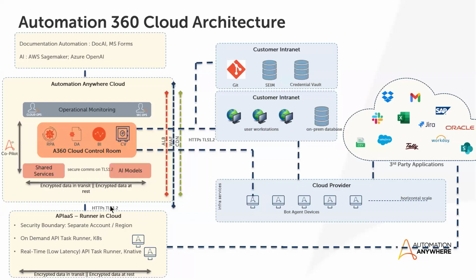Now, API tasks communicate with the control room to get the information about what are the actions defined in an API task, right? And then whenever you execute an API task, there's multiple ways to execute API tasks, right? Aaron showed two of the ways, one in form, one in process.